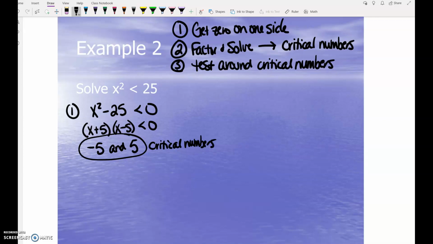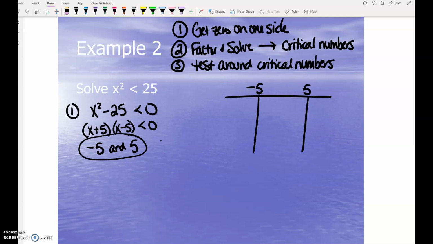Okay, the testing stage. We're going to make this little table, and I'm going to put -5 and +5 on here. Think about this as like a number line. I want to test the numbers around -5 and 5 to see if the numbers smaller than -5 work in the original inequality.